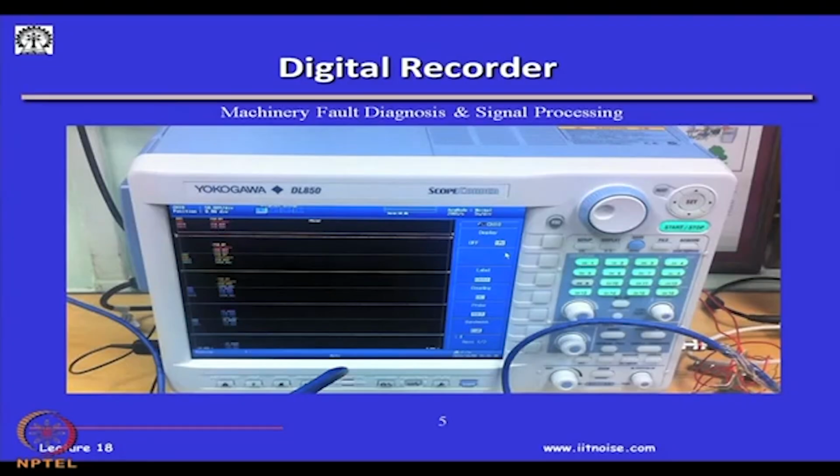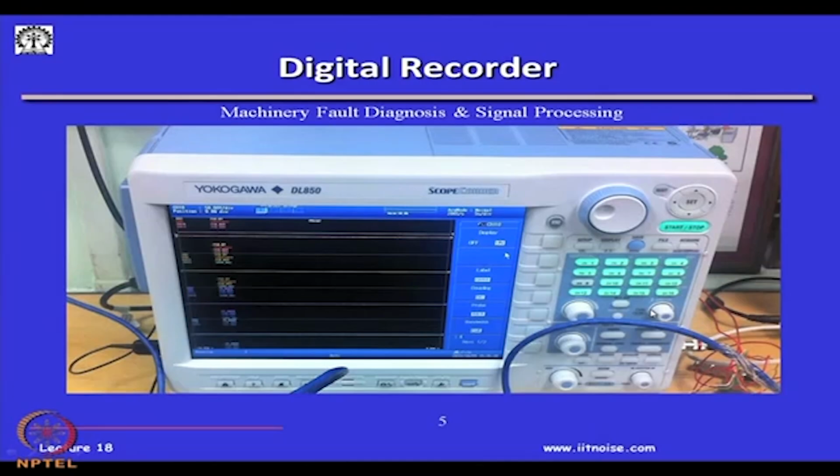Of recent, in the last maybe 5-6 years, people are using digital DAT recorders, like the one we have in our laboratory here. You can have 16 channels of recording, and then you can give in signals.